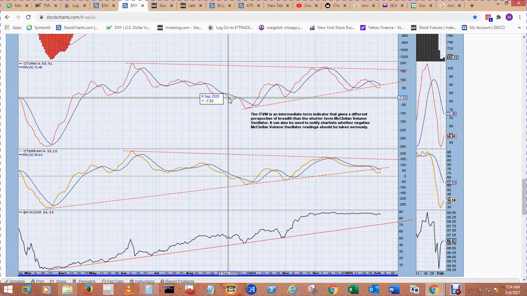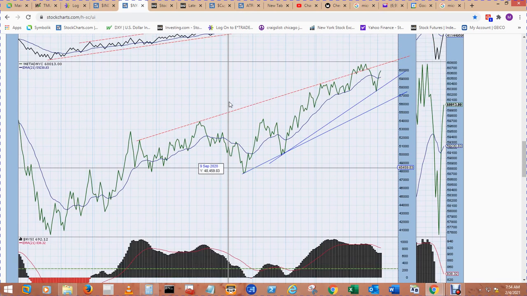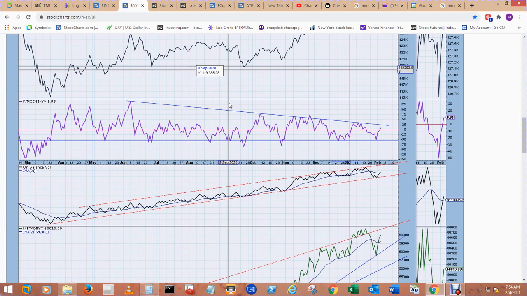So what they're saying is, if the intermediate term volume indicator is not below zero and the McClellan oscillator is, it's something to keep an eye on, but until the ITVM breaches below zero, then we sit up and take notice.